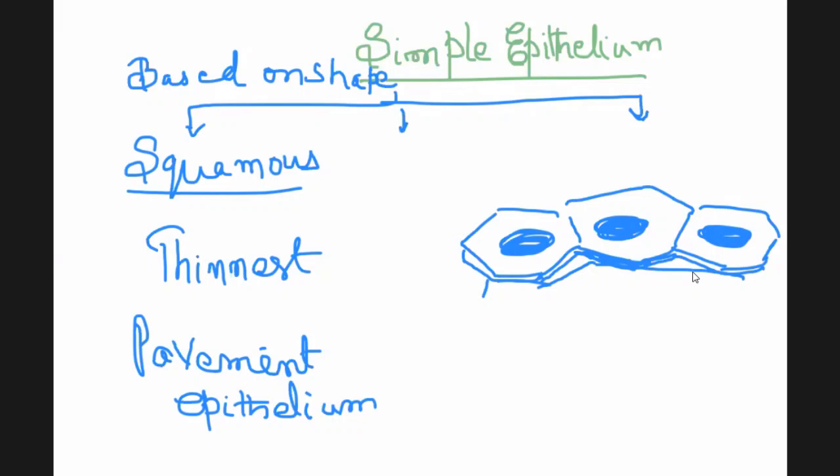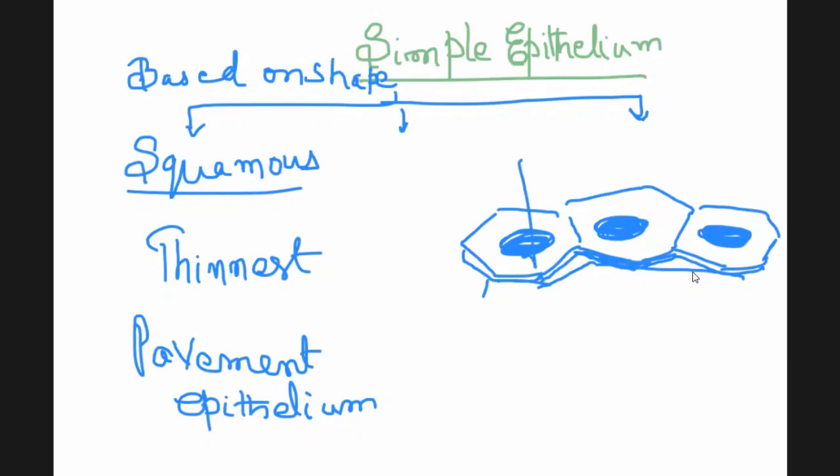The cells look like tiles on a floor. They are very flat and thin, and substances can walk across easily because the thickness is very small.